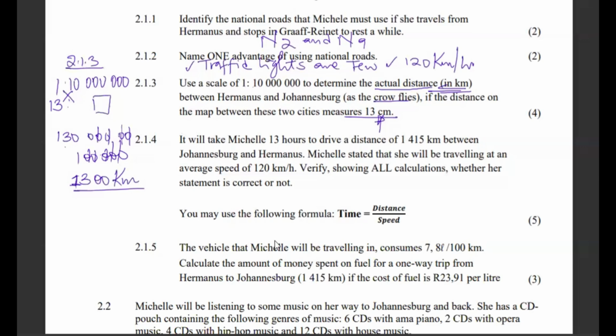So we are verifying. We either verify the speed or time, either way. If you're to verify time, the time has to be 13 hours. What we are going to do, we shall take the distance, then divide it by the speed they used. Remember we are looking for time.